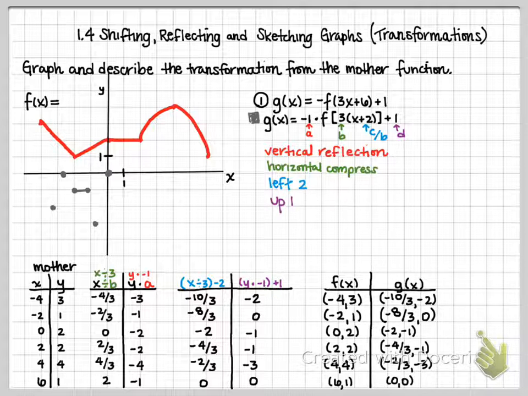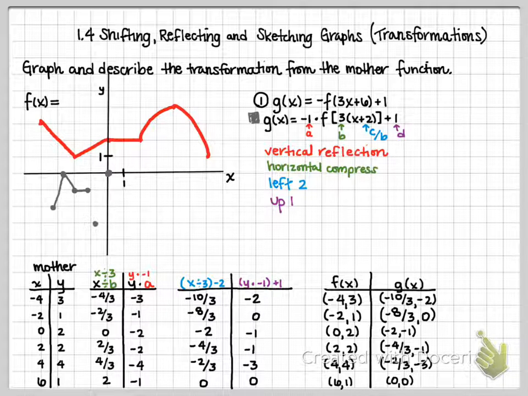With that said, I think we can go back to the graph now, because of the whole reflection part. If this is vertically reflected, then the straight line segment I see on the red graph on the left stays a straight line segment. The straight line segment next to it stays a straight line segment.